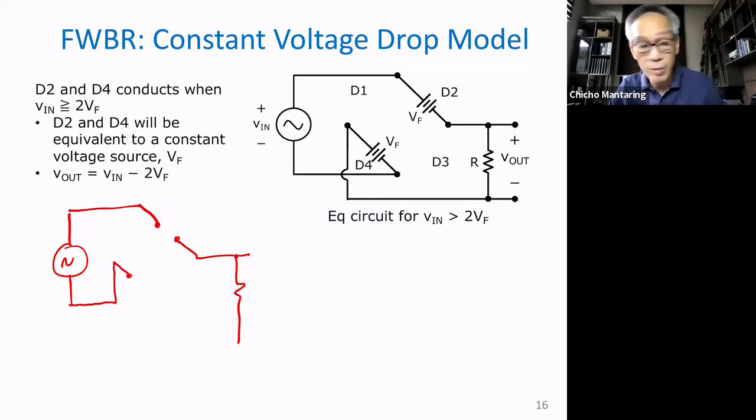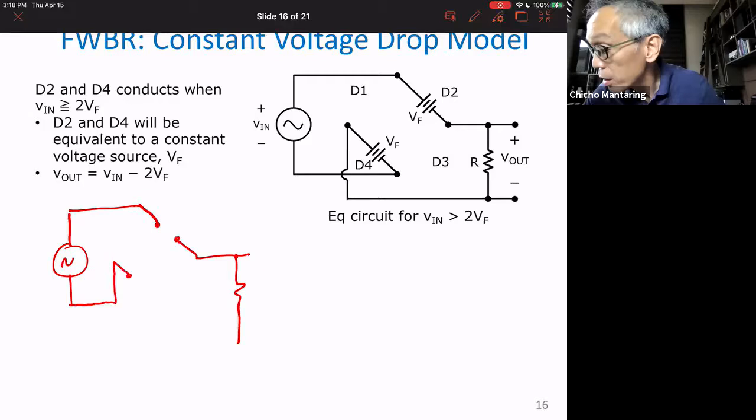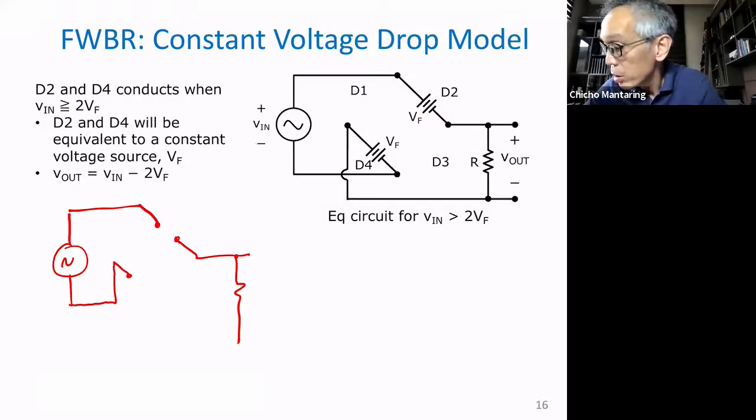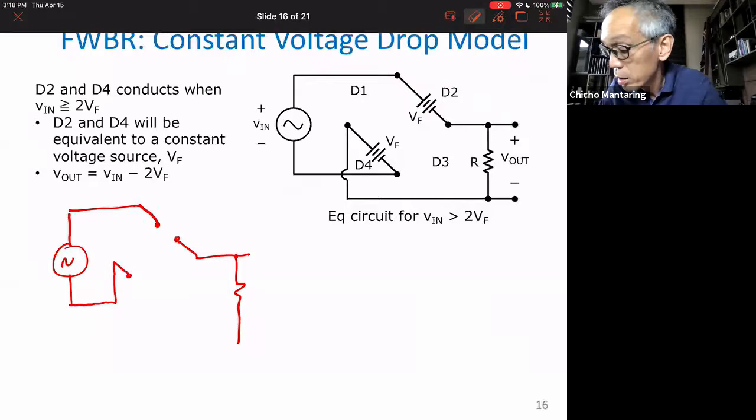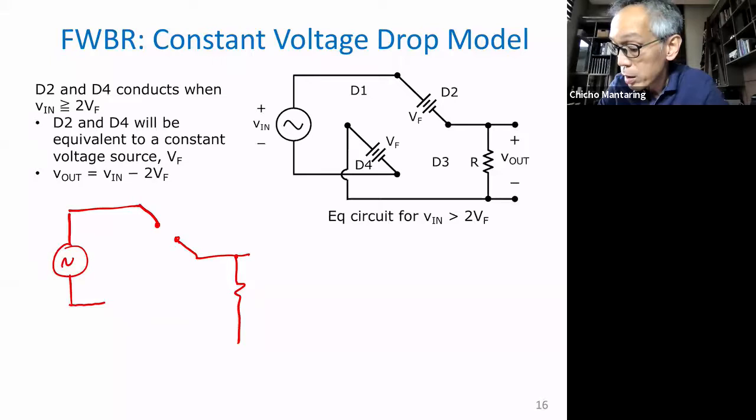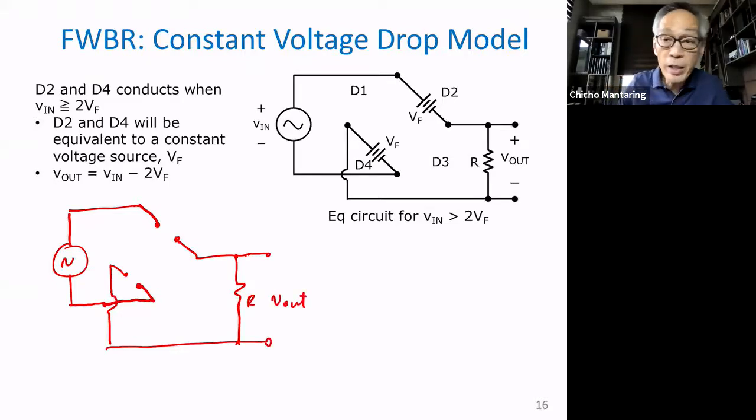Sorry, mali yung drawing. Then I have another open circuit voltage here. Okay. So this is R, this is V out. How do I know that? When will these diodes conduct? No?